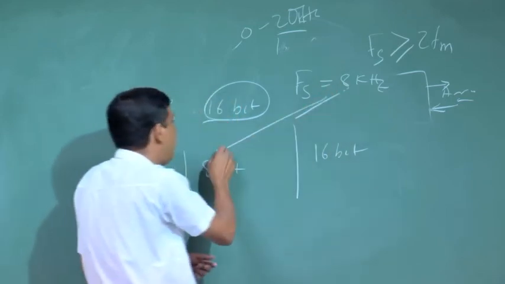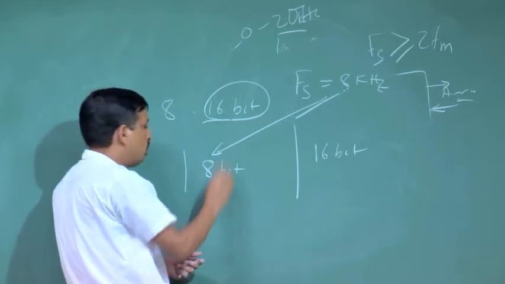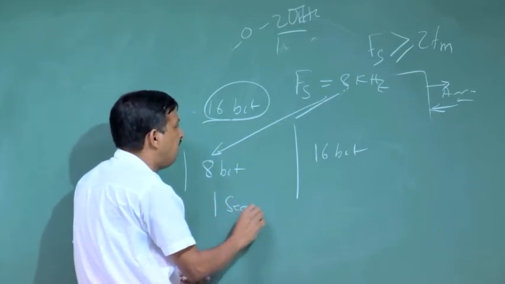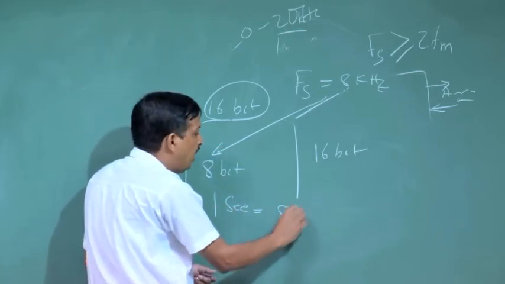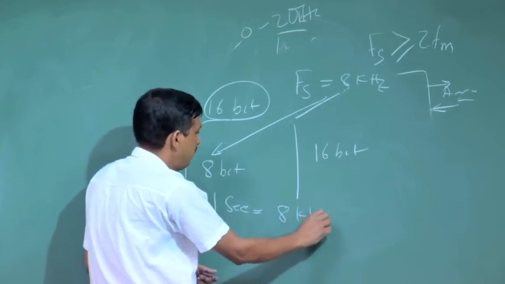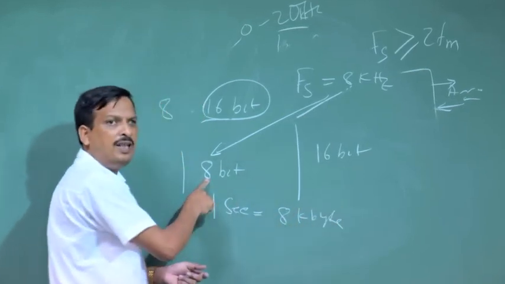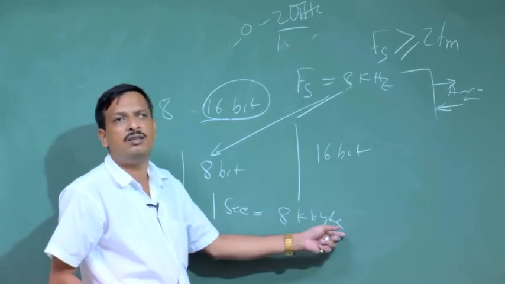If each sample is represented by 8 bits, then for 1 second of speech recording I will get 8 kilobytes. 8-bit is 1 byte, so 8 kilobytes.